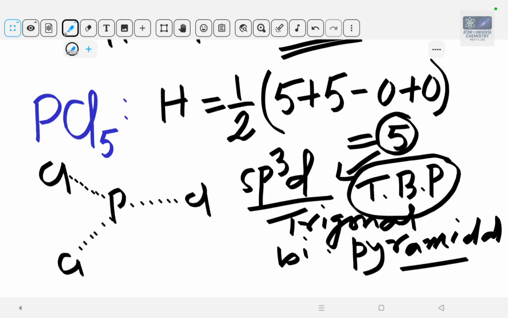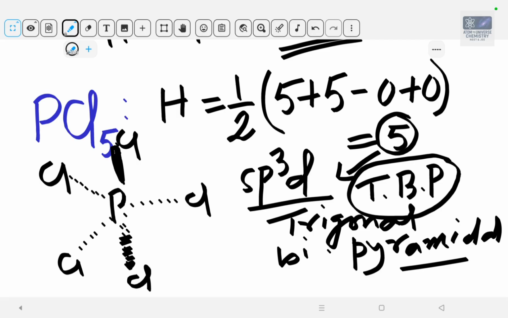Look at the structure, that looks like trigonal planar, isn't it? But with these three chlorine atoms, two chlorine atoms are located there. You can take it as one Cl above the plane, and another Cl below the plane.